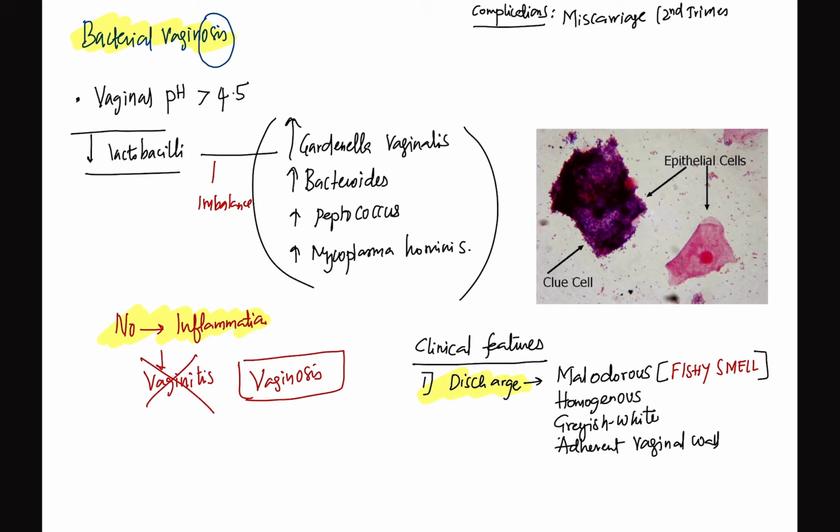Yes, it can also lead to premature rupture of membranes. It can also lead to preterm birth and endometritis. So what are the pregnancy related complications associated with bacterial vaginosis? It is preterm birth, endometritis, PROM and miscarriage.